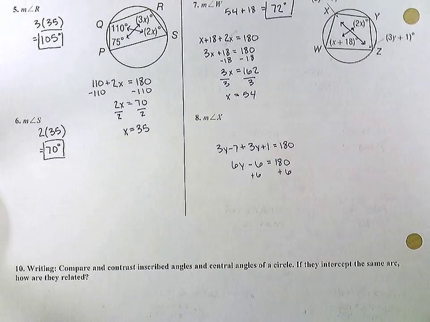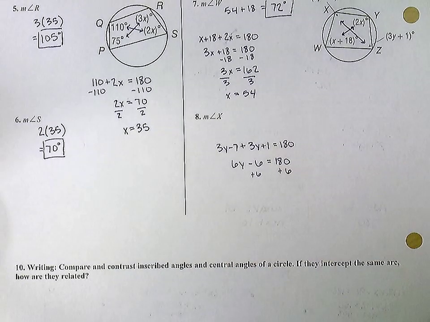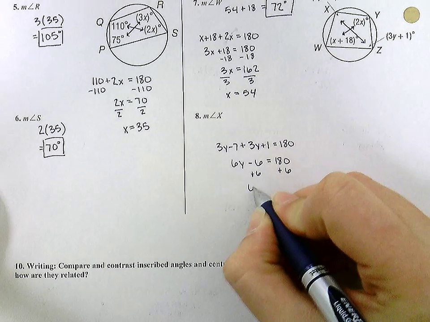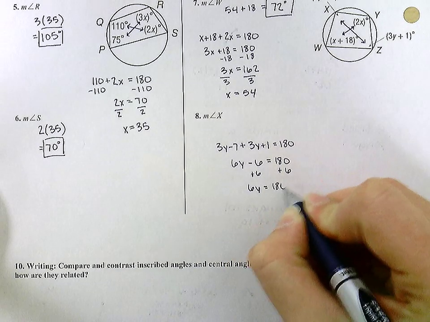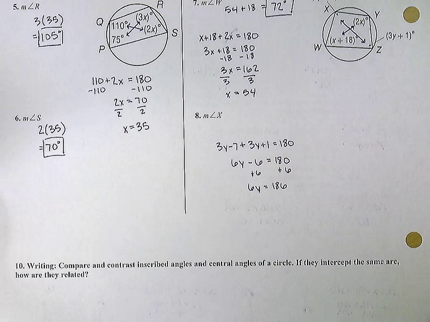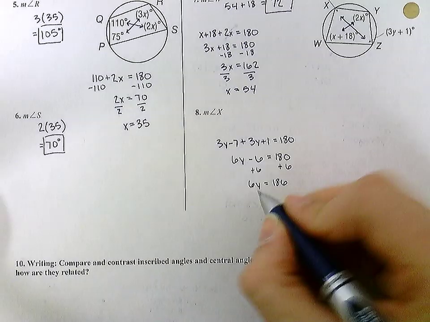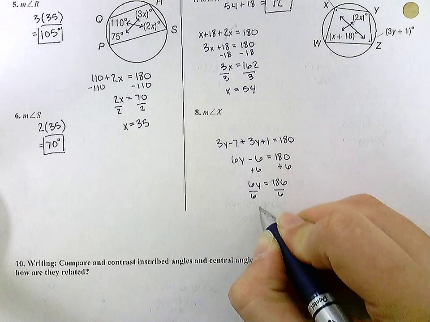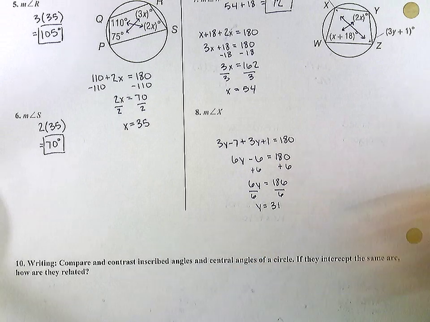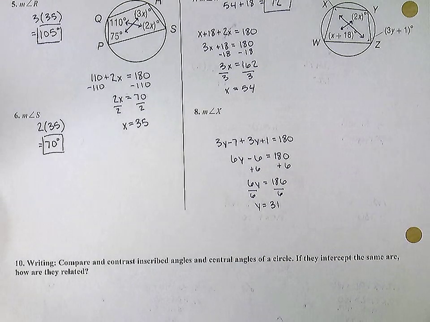Add 6 to both sides of your equation. So we have 6y equals 186. Divide both sides by 6. Y is equal to 31.